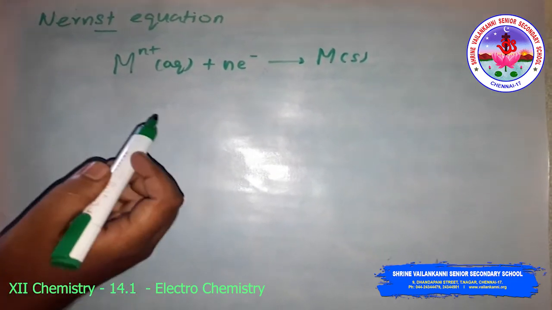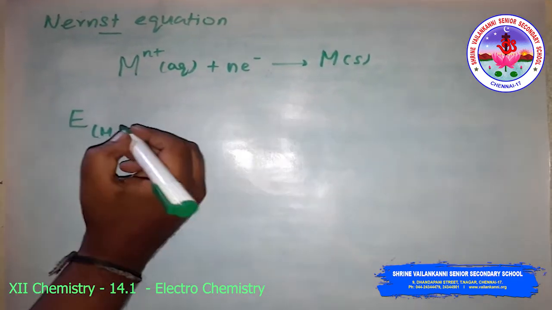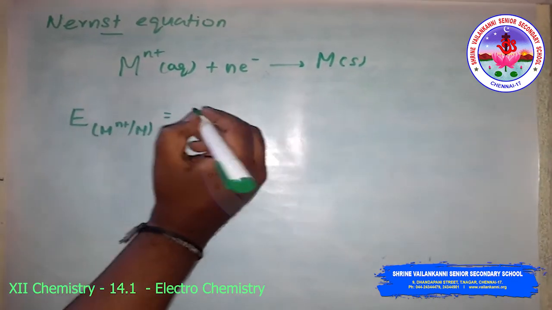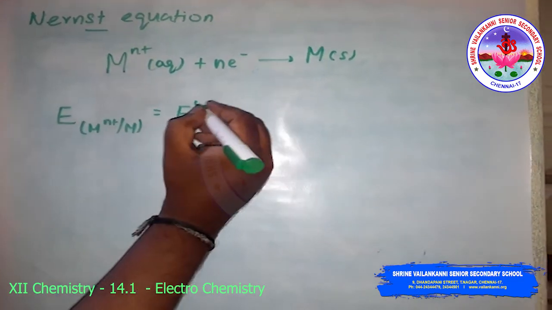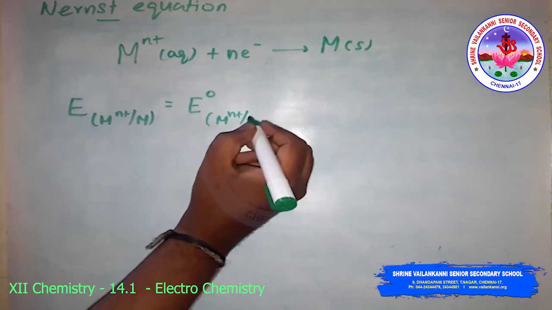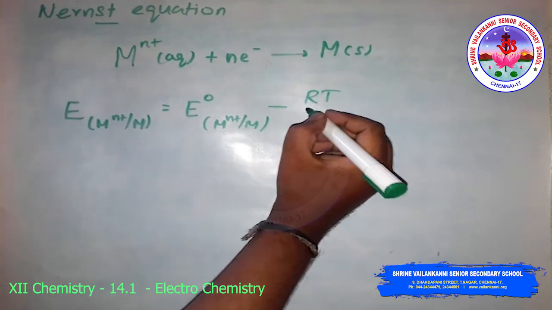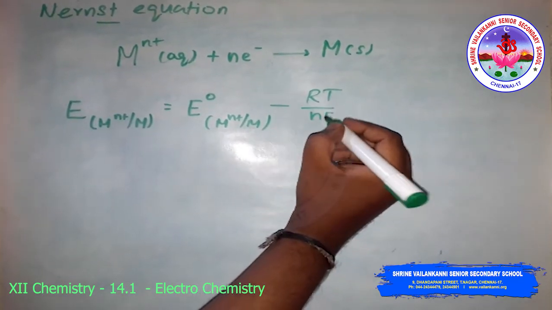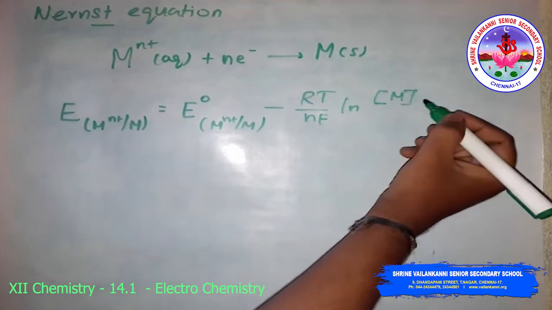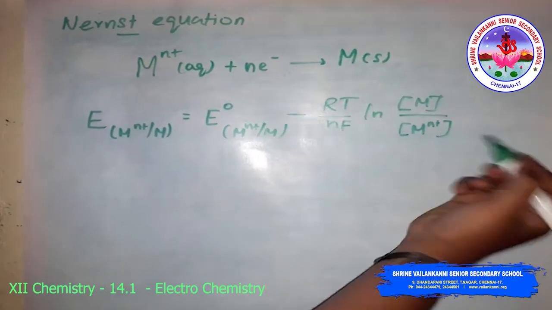So we can write the reaction, that is, E cell for M^n+ / M is equal to E naught cell, E naught cell also here M^n+ / M, minus RT divided by nF ln of the concentration of metal divided by the concentration of the metal M^n+.